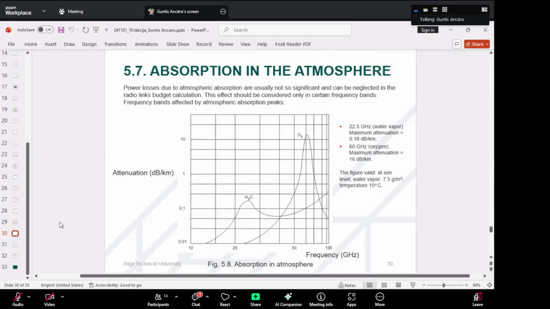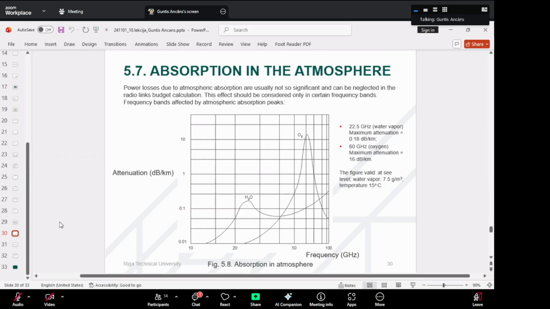Next is absorption in atmosphere. Power losses due to atmospheric absorption are usually not so significant and can be neglected in the radio link budget calculation. This effect should be considered only in certain frequency bands.